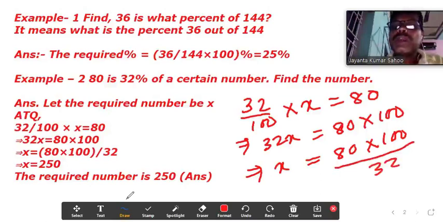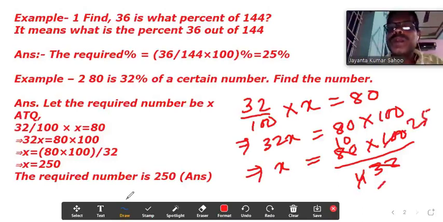We can cut: 8 4s are 32, 8 1s are 8, 0. Now 4 1s are 4, this is 25. So 25 into 10 equals 250.